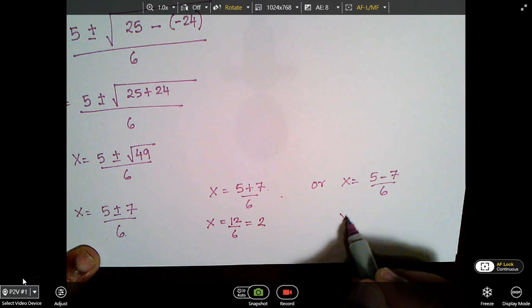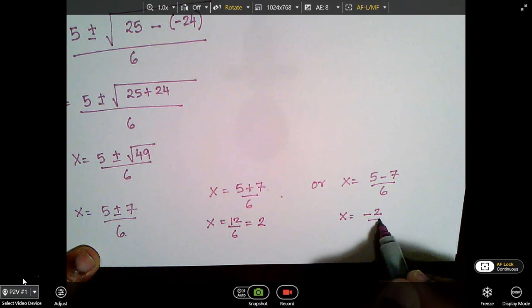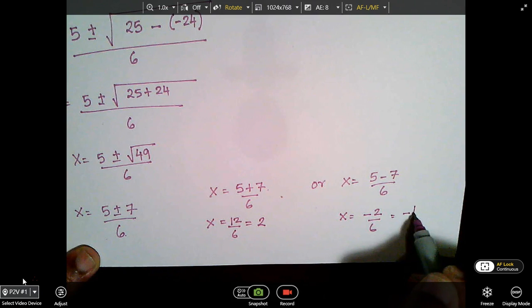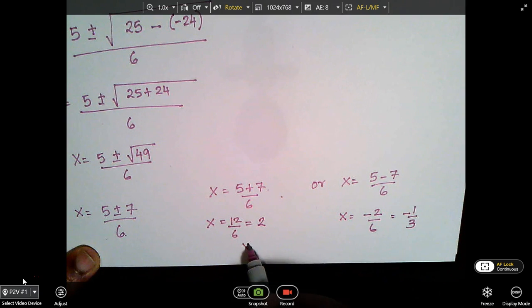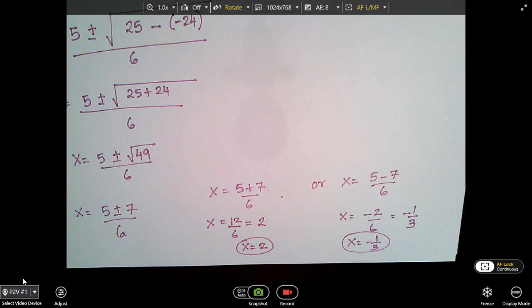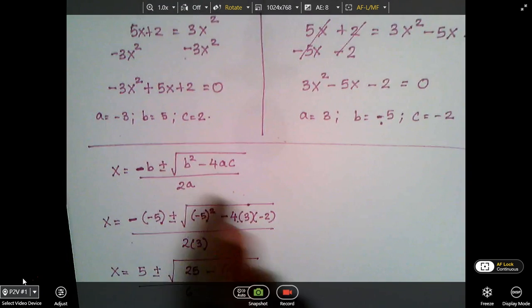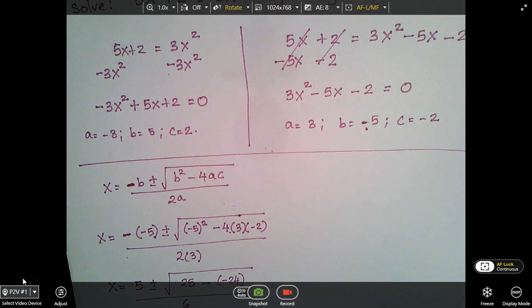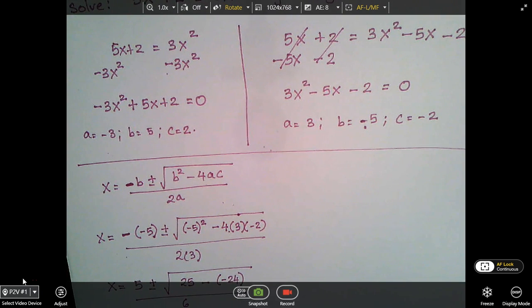This would give you x equal to negative 2 over 6, which is negative 1/3. So the two values are x equal to 2 and x equal to negative 1/3. If you use these values for a, b, and c, you should still get the same values for x. So that's using the quadratic formula.